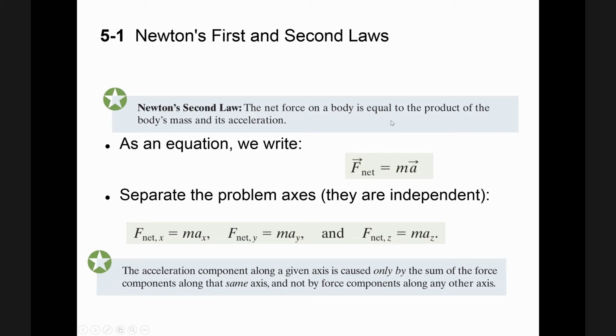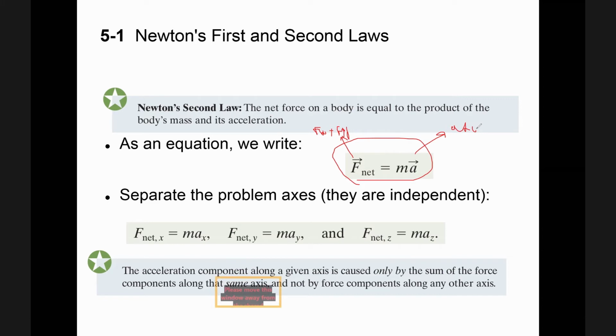And then we said, Newton's second law says the net force on a body is equal to the product of the body's mass and its acceleration. So F net should equal ma. And I showed you before, if you open this, you write Fx i hat plus Fy j hat plus Fz k hat, and here ax i hat plus ay j hat plus az k hat.